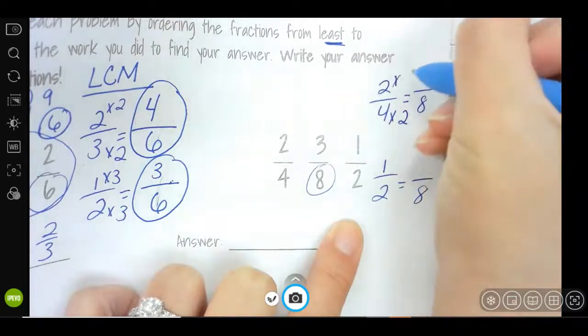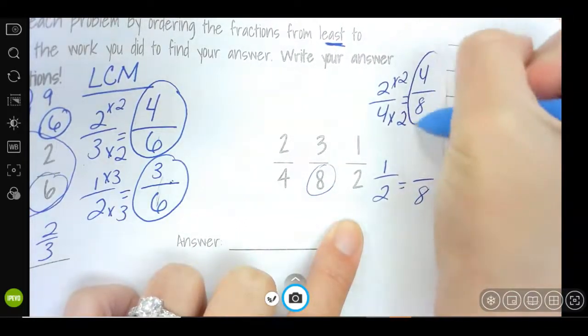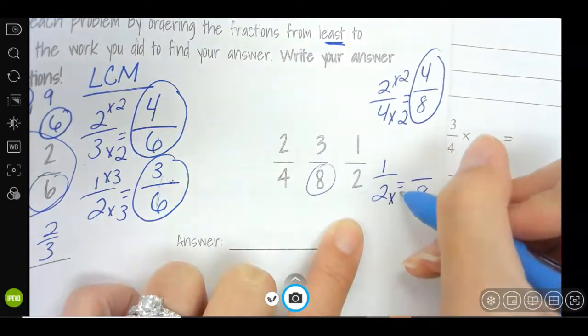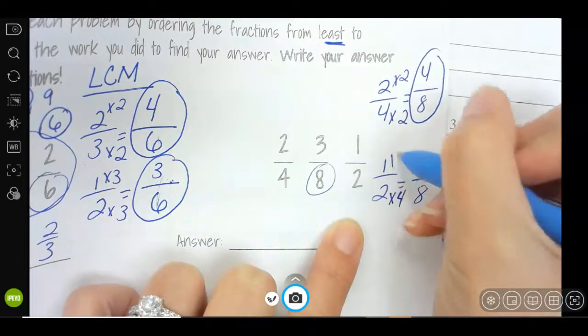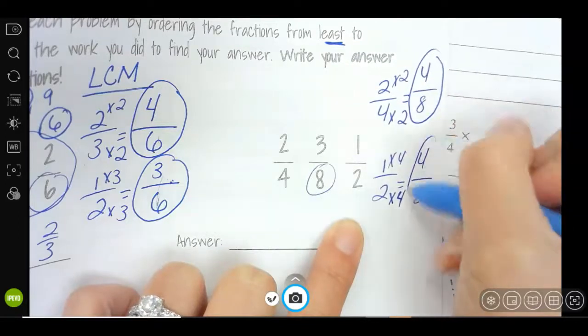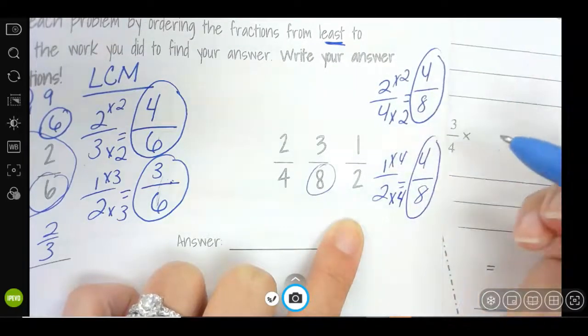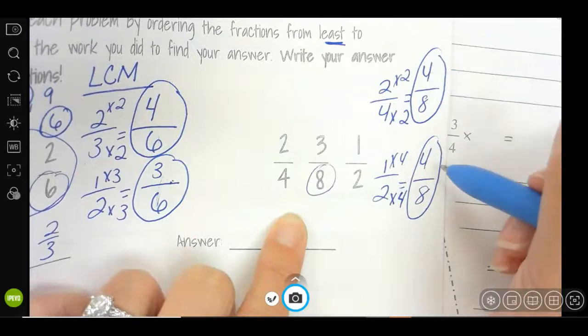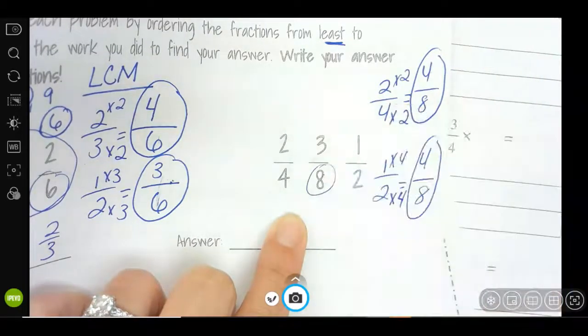Good. So 2 times 2 is 4. So we have 4/8. Good. How do we go from 2 to 8 here? Times 4. So we have 4/8. So our 3 fractions that we have are 4/8, 4/8, and 3/8.